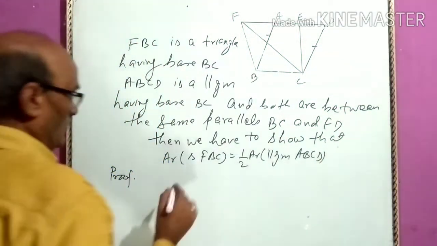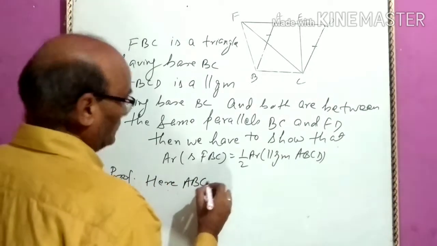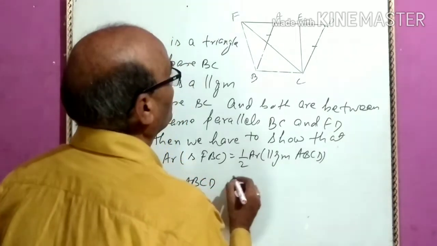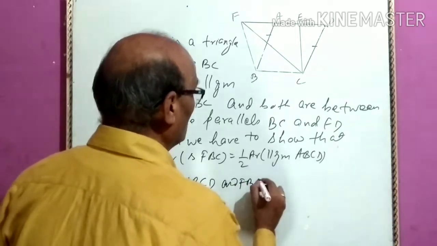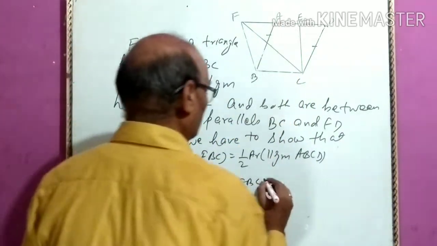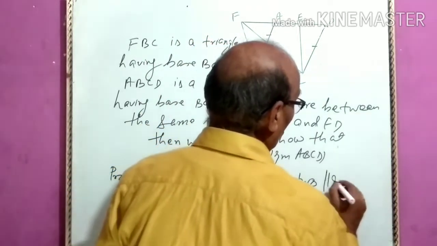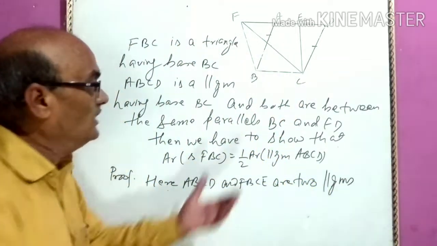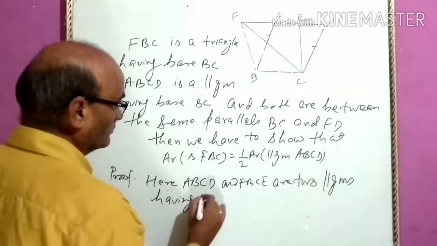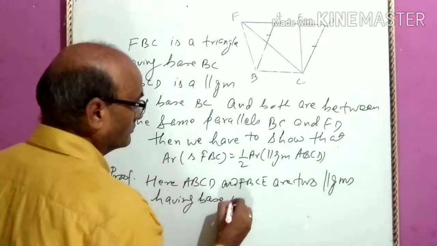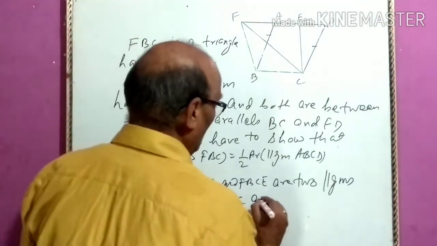So here ABCD and FBCE are two parallelograms having base BC, and they lie between the same parallels.